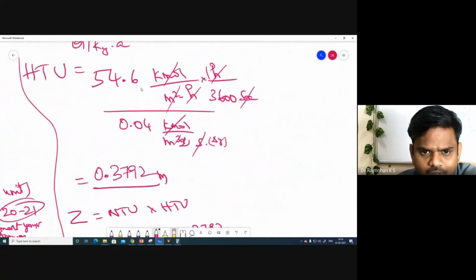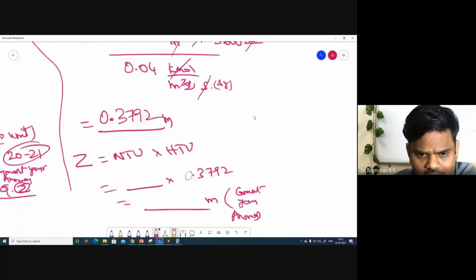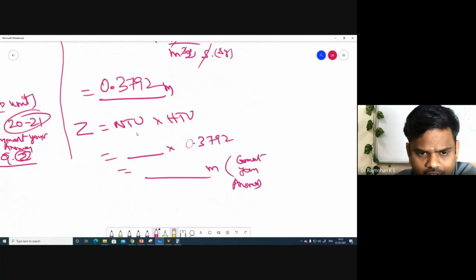All the data are given. Only thing is kilomoles per meter square R is given. We have to convert that to seconds. That's what we learned in chemical process calculation course. So unit tally has to be taken care. You will get the value in meters. So height of the tower is NTU into HTU. Substituting the calculated value of NTU, you will get the value of height of the packed bed required. Okay, please comment your answers.